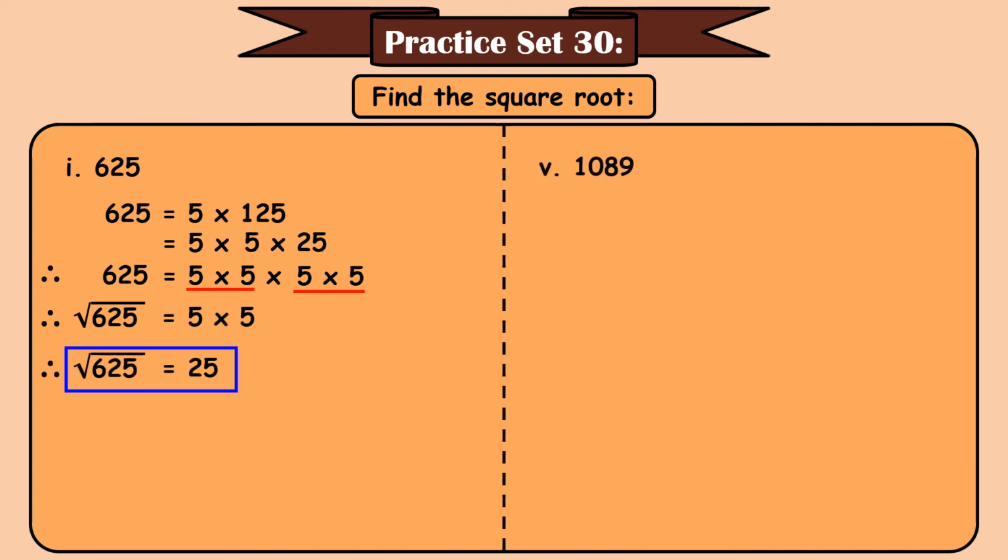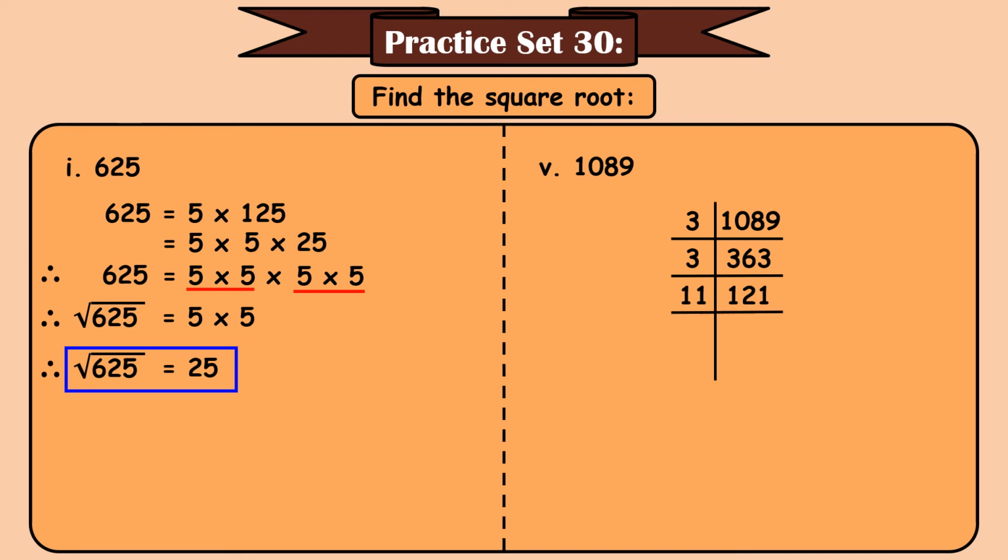Let's look at the next sum, that is 1089. I'm using the vertical method here. 1089 will not go in the 2 times table, so the next prime number is 3. 3 363s are 1089. Again it goes in the 3 times table. 3 121s are 363.